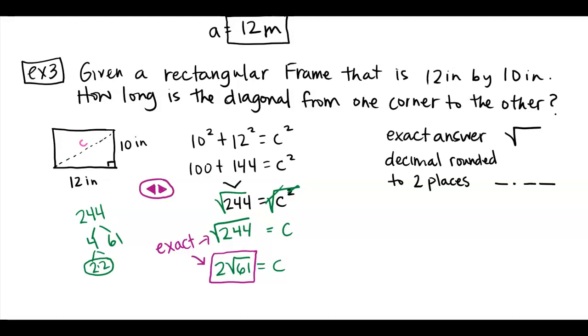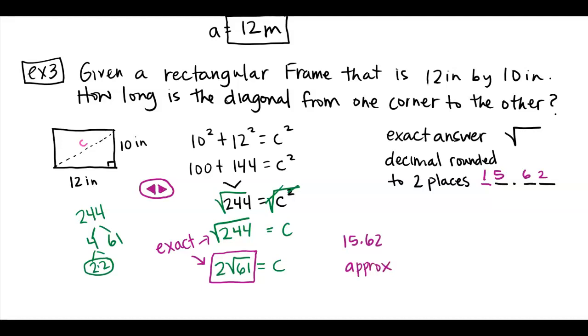All right, I've seen a lot of you coming up with the same thing, right? And this one, there were actually 2 places in front of it, but you understood what I meant. So 15.62, right? So 15.62 is your approximate answer.